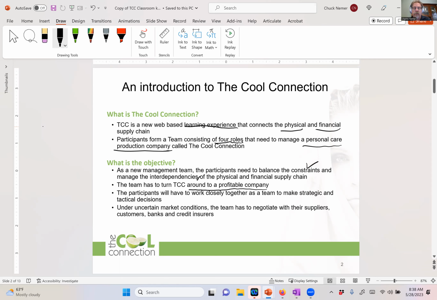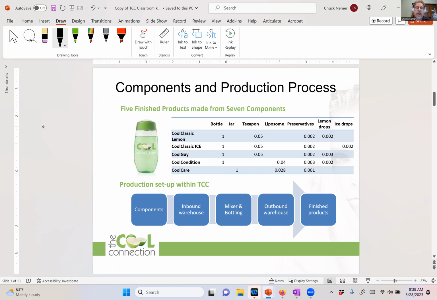So you'll work together as a team to make all your decisions, and you'll be working with suppliers, customers, banks, and credit insurers. Now we've got multiple products that you'll see here, and we'll show you where all this stuff is in the simulation. But these are our personal care products that we have.